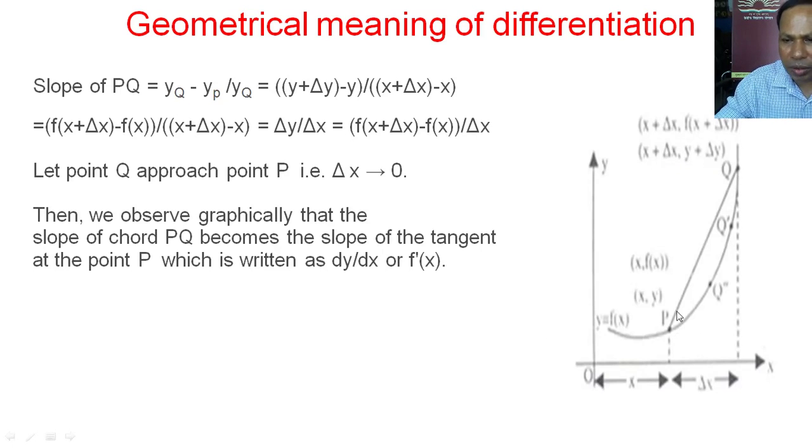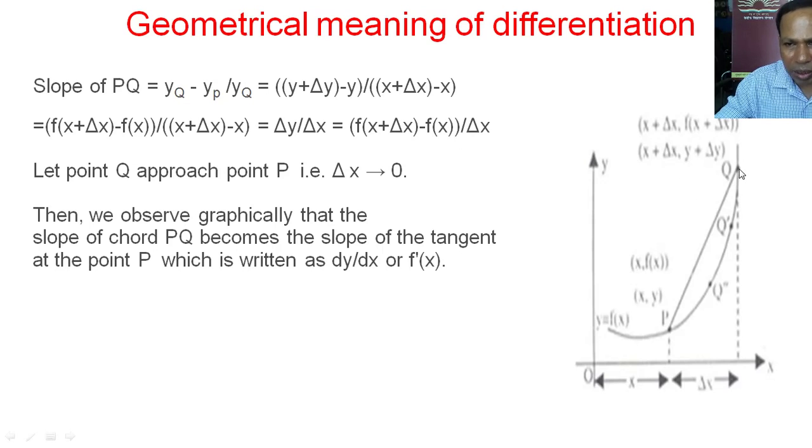The slope of the chord PQ is the change in the y coordinate divided by the change in the x coordinate, so it is y plus delta y minus y divided by x plus delta x minus x. This can further be written as f of x plus delta x minus f of x divided by x plus delta x minus x, which is equal to delta y by delta x, or f of x plus delta x minus f of x divided by delta x.